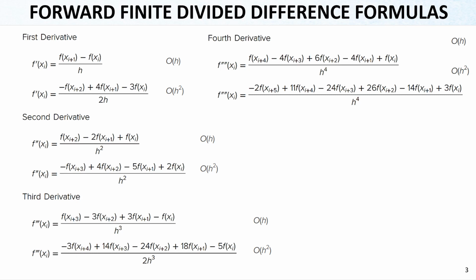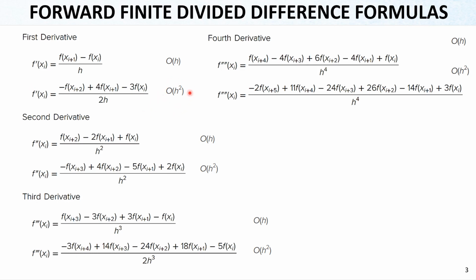We use the same idea that we used in the previous slide to get higher order accuracy, or higher order finite divided formulas. For the first derivative, this was the simple formula that we learned in chapter 4, and this is now the improved formula, obtained by adding the second derivative finite divided approximation into the first derivative after truncating from the second derivative.